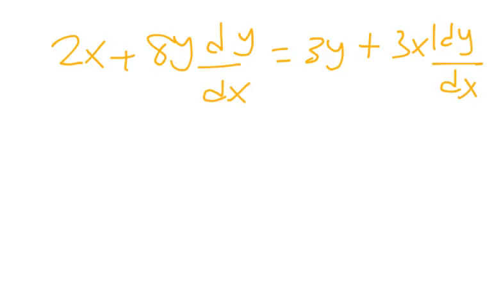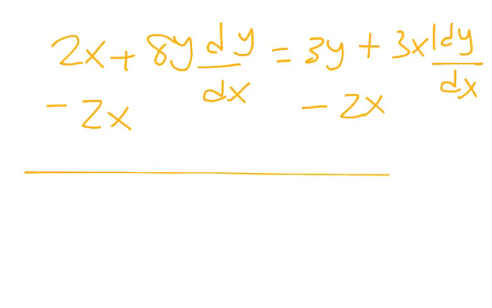So we're trying to solve for dy over dx, so we subtract 2x, and we also subtract 3x dy over dx.